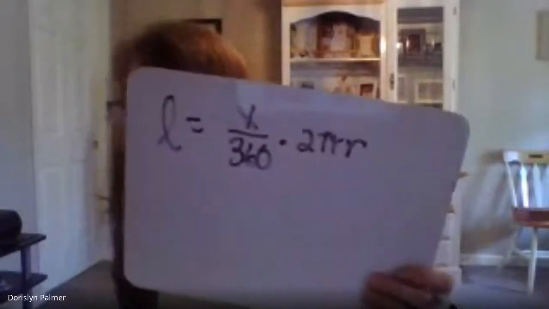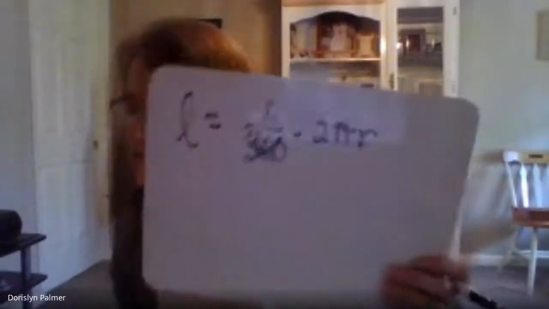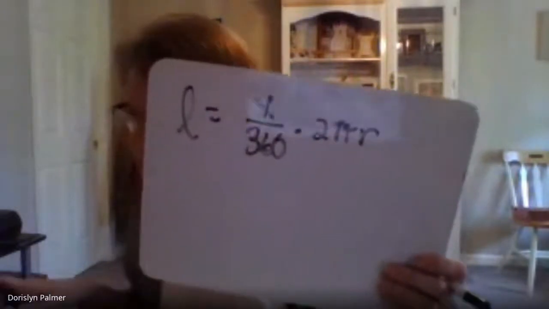The formula for finding the arc length, which they call L, and it's not hard. It's x over 360 and then times 2 pi r, which is your circumference. And the x is however many degrees are in that arc length, okay?